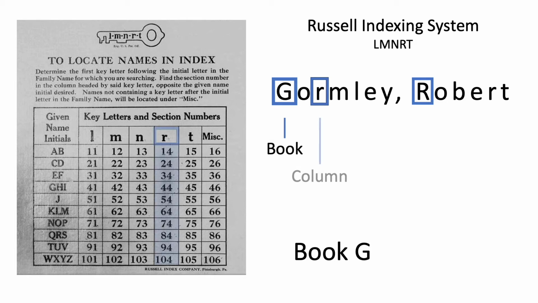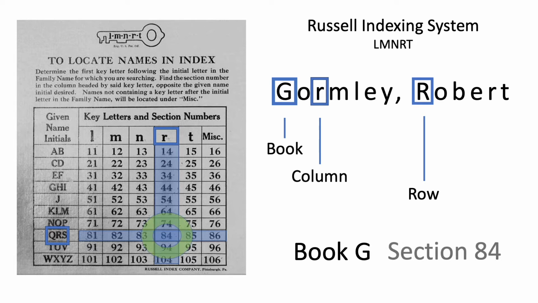The first key consonant indicates the column in the chart. The first letter of the given name indicates the row in the chart. The box in the chart where the column and row intersect identifies the section number within the index book. Robert Gormley, if he left a will in Lawrence County, will be found in Will Index Book G, Section 84.